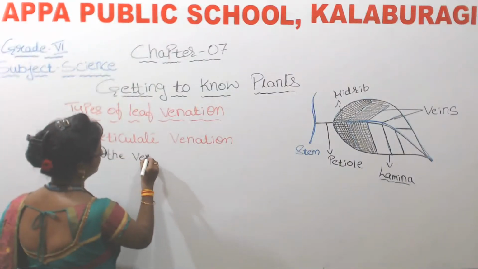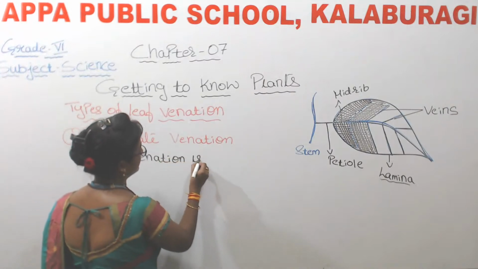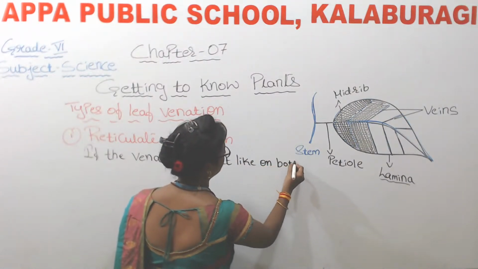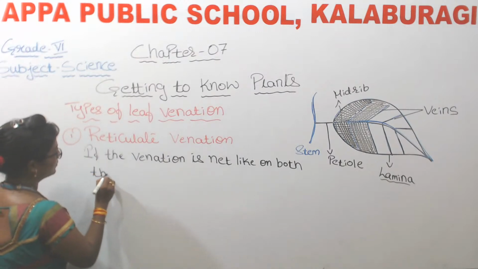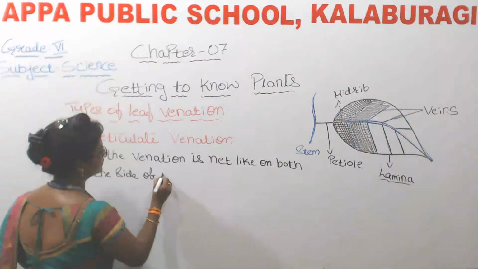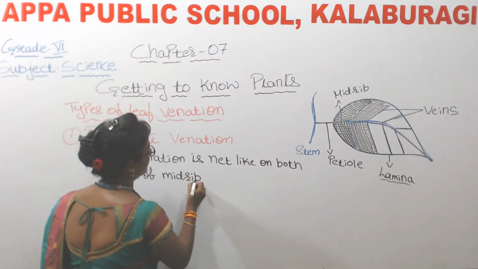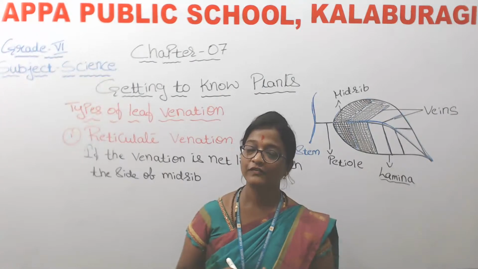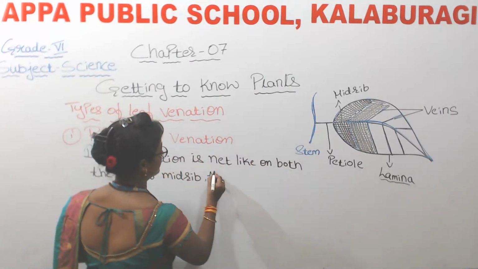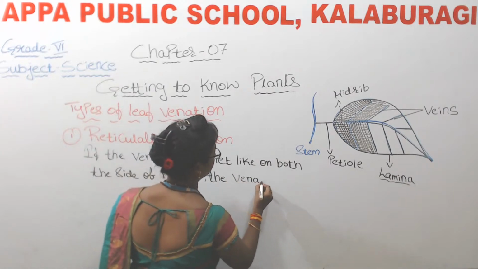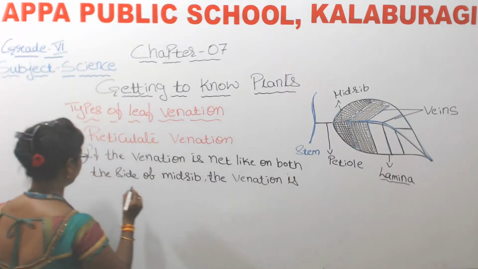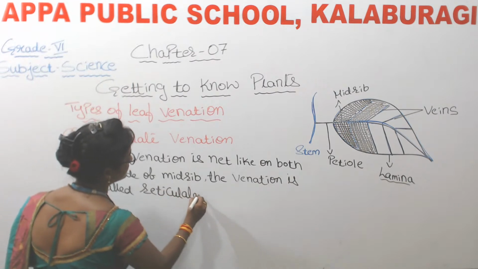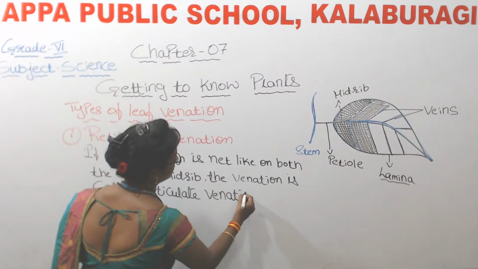If the venation is net-like on both the sides of the midrib, then that venation is called reticulate venation.